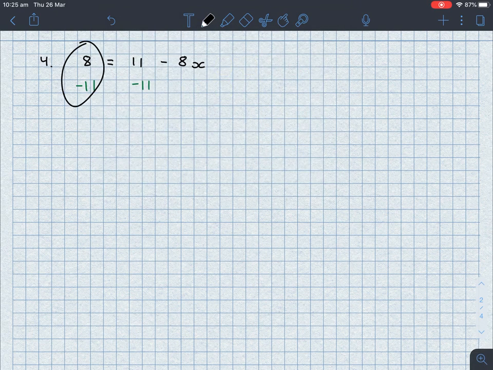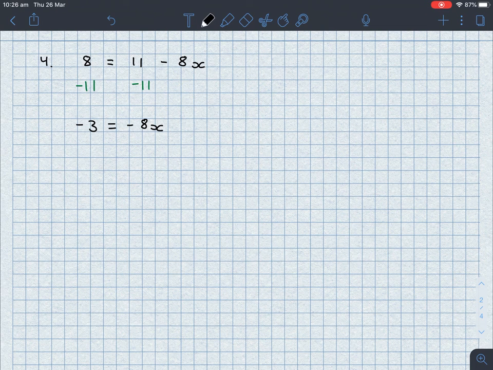So 8 take away 11 on the left is negative 3, equal sign directly underneath the other one. My 11 is gone, but notice that I still have a minus with the 8x. So that minus is stuck with the 8x, and we're not going to get rid of it just yet. So on the right-hand side, negative 8x.